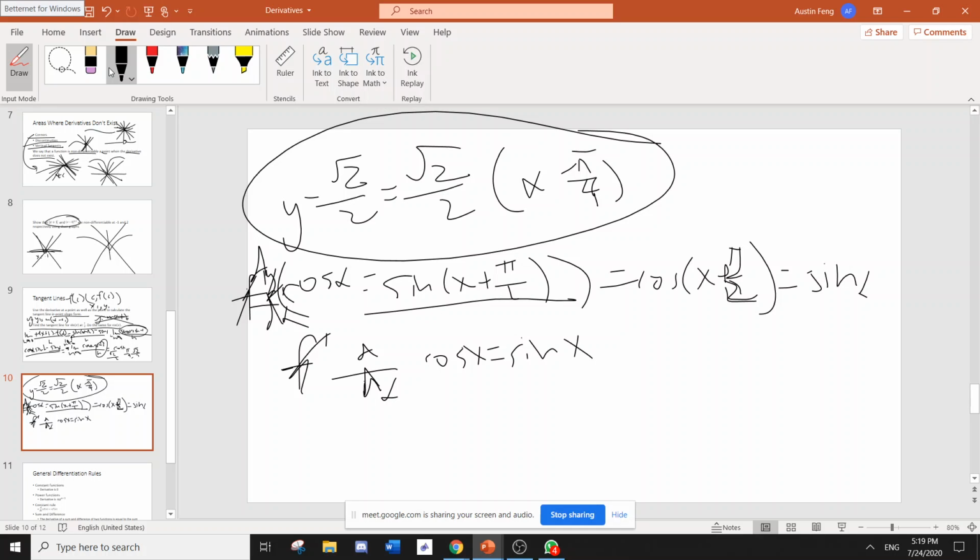And then we do the same thing. Never mind, sorry, it's negative sine x. My bad. So we see that cosine of x plus pi over 2 is equal to negative sine x. So d dx of cosine x is equal to negative sine x.